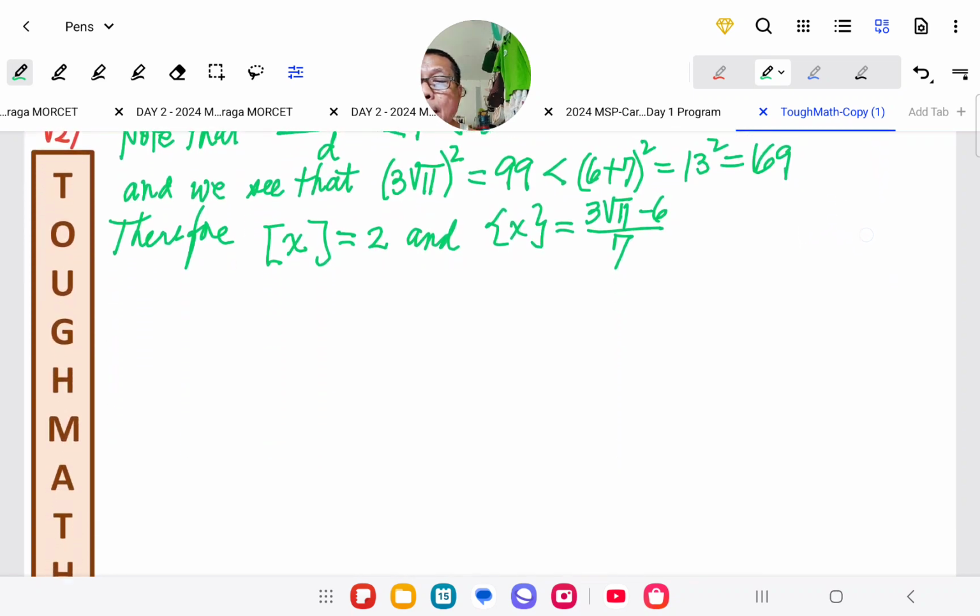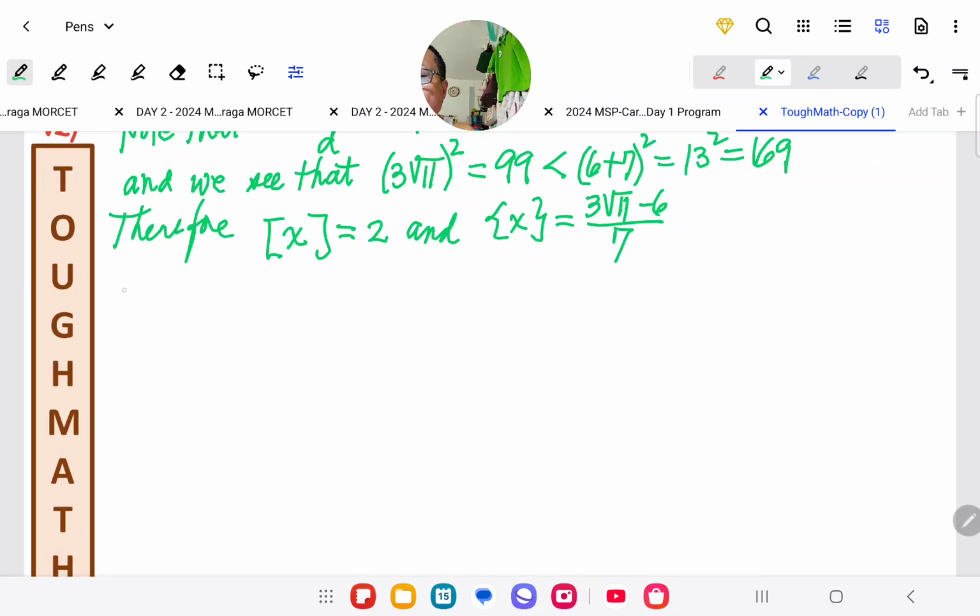And for the last exercise, we have number 4. Number 4, we have x equals 7 over 11 minus 3 square root of 10. Again, rationalize the denominator.